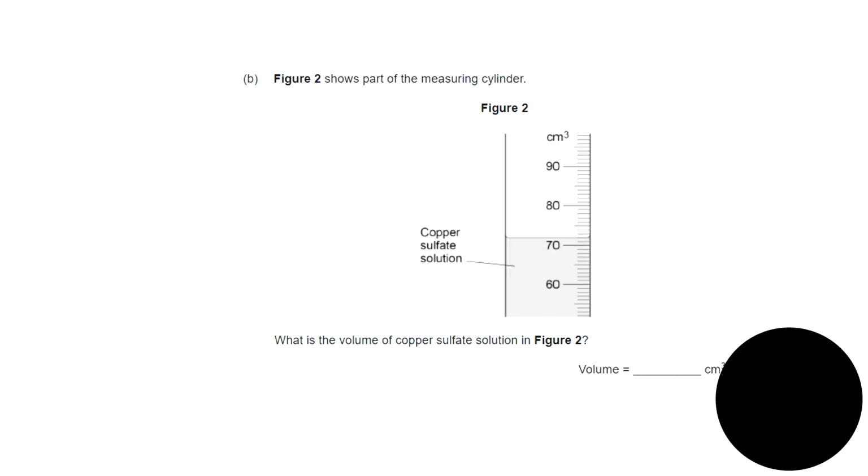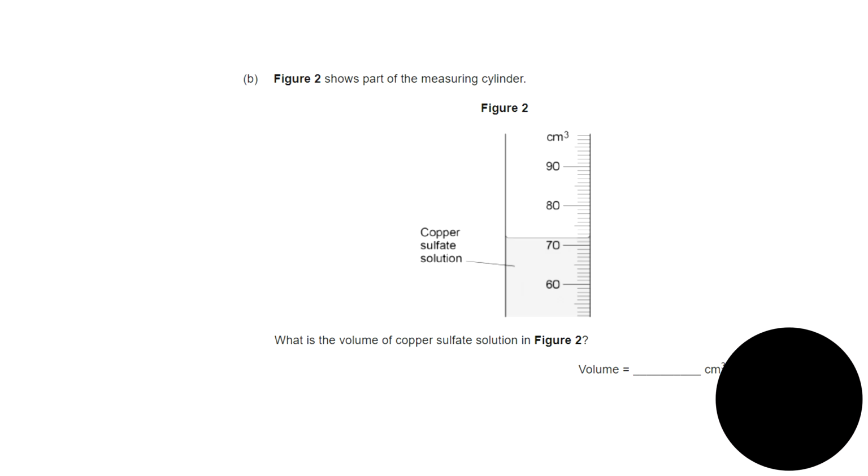If you are given a scale to read, the first thing to do is to check which way the scale goes. Do the numbers count upwards from the bottom, or do the numbers count downwards from the top? So make sure you've checked that out first. In the image on the screen, we can see that the numbers count down from 90 down to 60. So as we are looking at the copper sulfate solution, what is the volume?